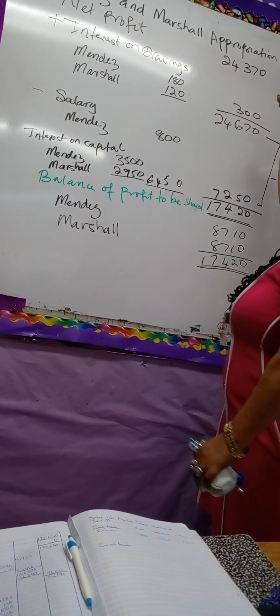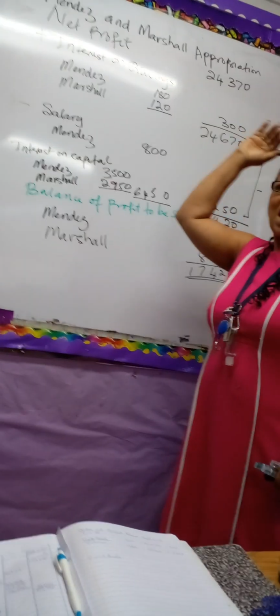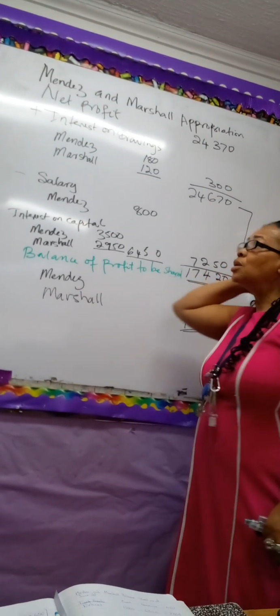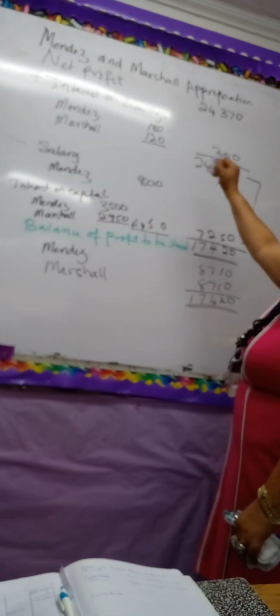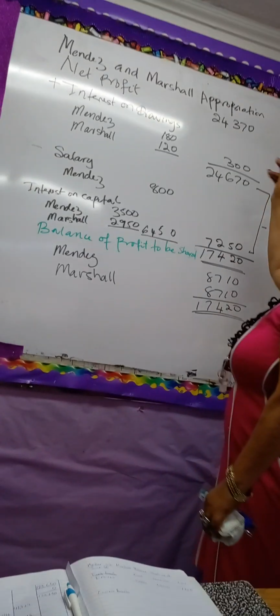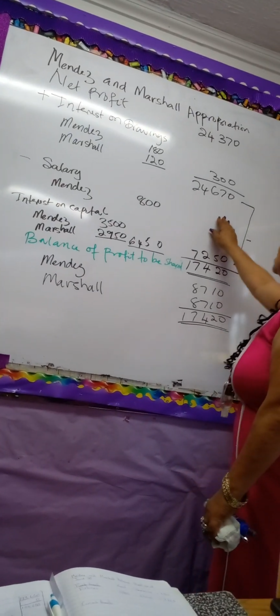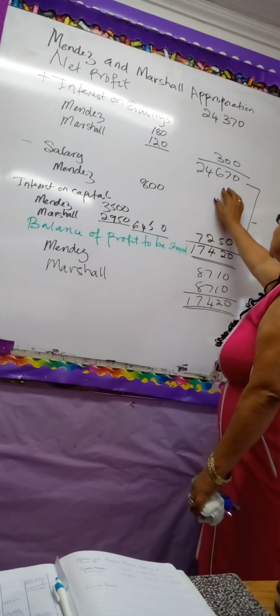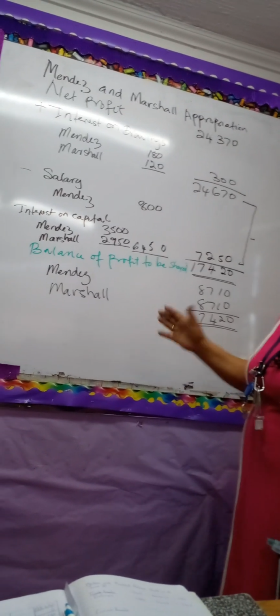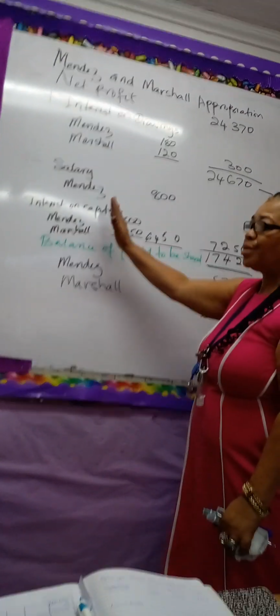So we take the net profit, then I am going to add interest on drawings. We always look for interest on drawings. In this case, Mendez had 180, Marshall 120. Add those together, we got 300. I add that 300 to 24,370, giving us the 24,670 that we have here. I'm going to subtract anything that the company would have paid out. So the company pays salary, this time $800 to Mendez.